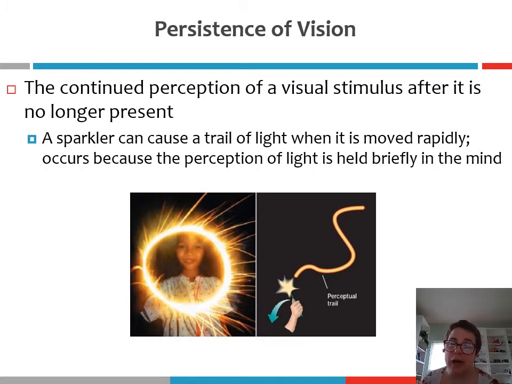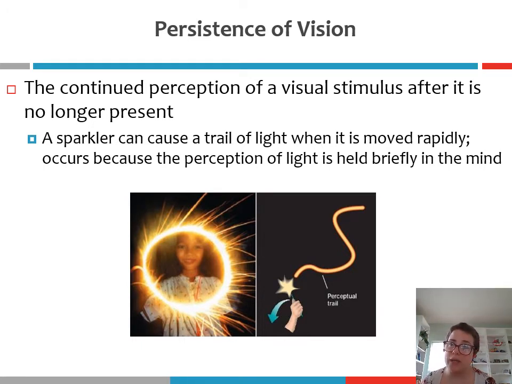Okay, so just like your textbook describes, persistence of vision is simply the continued perception of a visual stimulus after it is no longer present. The classic example of persistence of vision is, and I wouldn't necessarily advise this, if you have a sparkler and you move it back and forth and make all kinds of shapes, like a circle and so forth.